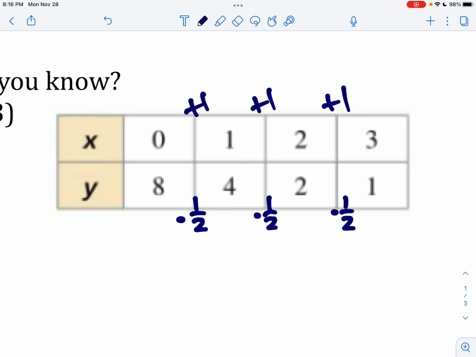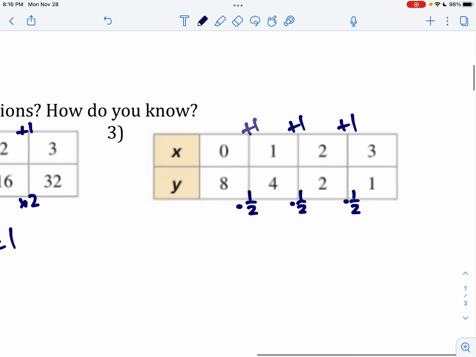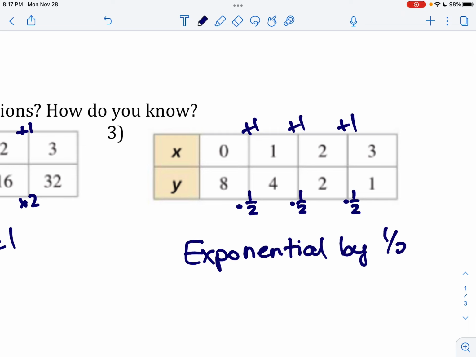Well, dividing by 2 is the same as multiplying by a half. And remember, when we have exponential functions, the bottom, the y values, are multiplied by something. So we can't say it's divided by 2. We have to say that it's multiplied by a half. So this is exponential by a half.